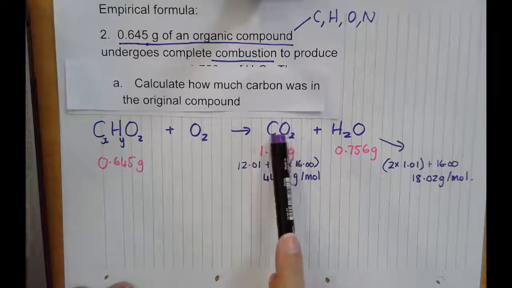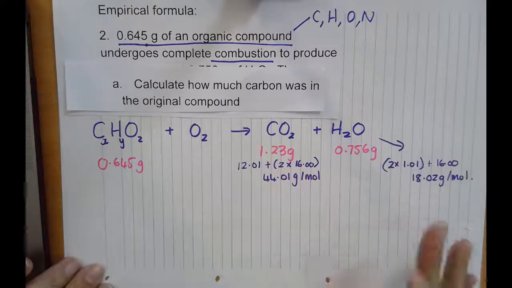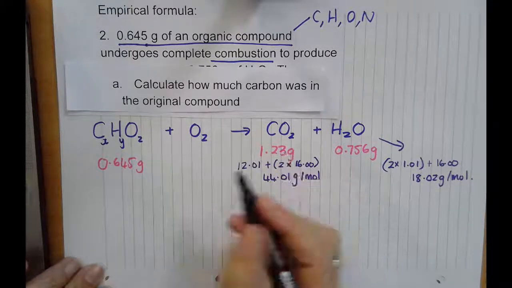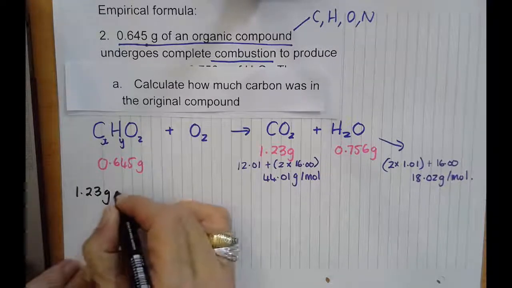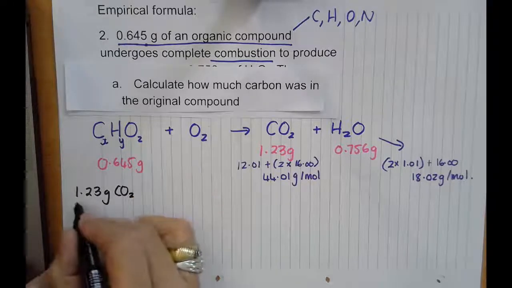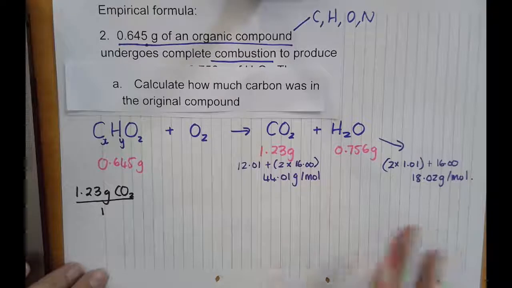I have to look at the molar masses and do a proper calculation to determine that. To do that calculation, we start with, now remember, dimensional analysis means you start by writing down what you know. So I have 1.23 grams of CO2. That's my given. Now I put it over 1 because then it's a fraction.